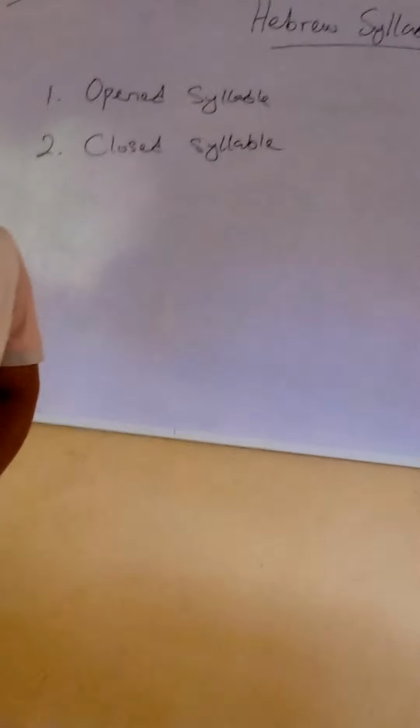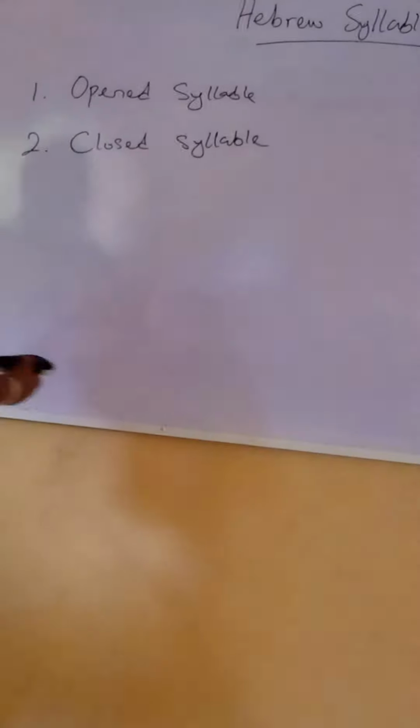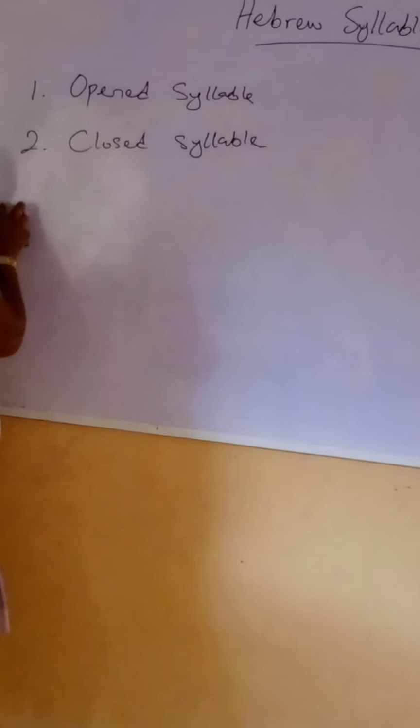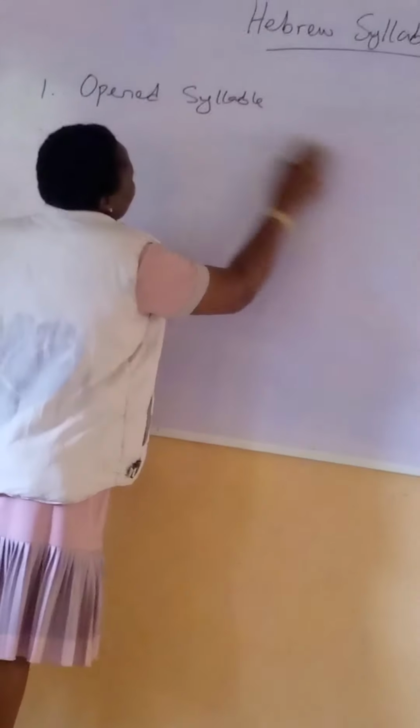Those are the two types of syllables we have in Hebrew. So let's look at how we know whether a syllable is open or closed. Let's start with the open syllable.